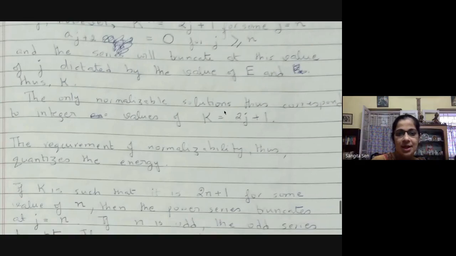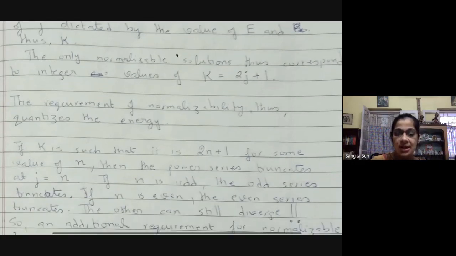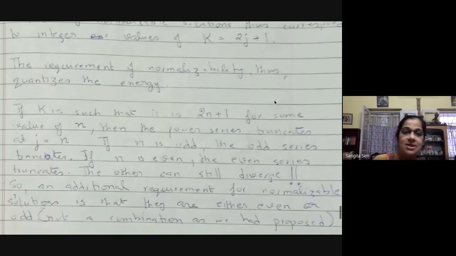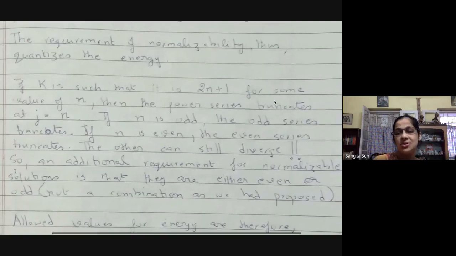So, like I said, the only normalizable solutions thus correspond to integer values of K, which is 2J plus 1. The requirement of normalizability thus quantizes the energy. So we are back to a similar argument as in the case of our, was it?